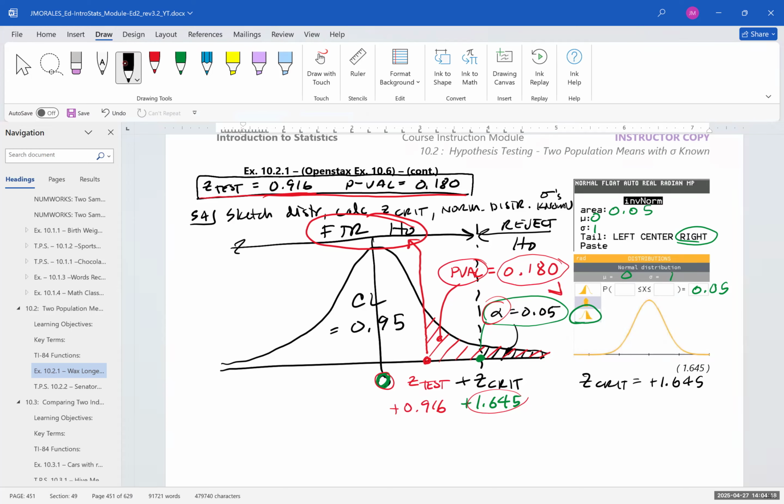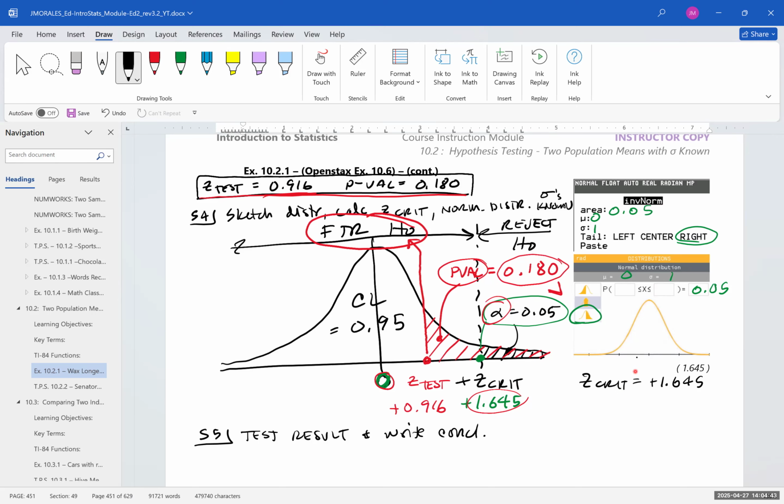As soon as I get to switch colors here. Step 5, which is to come to a conclusion and see our test result and write our conclusion, our answer.